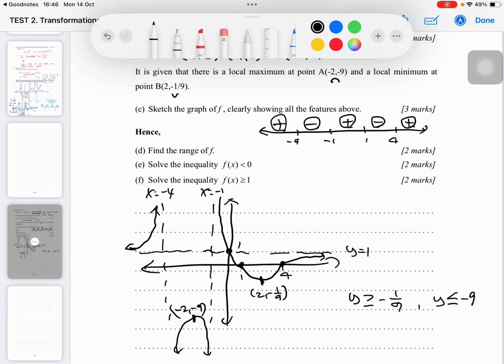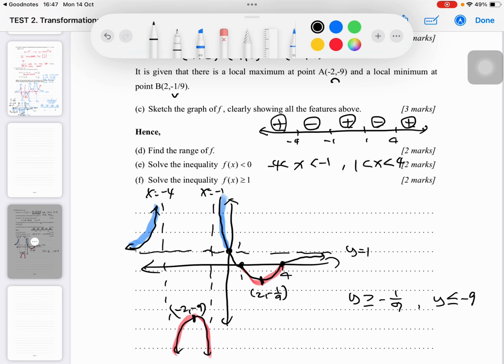And number E, f of x is smaller than 0 when x is between -4 and -1, which is this part, and x is between 1 and 4. So solve the inequality f of x is larger than or equal to 1, which is this part.